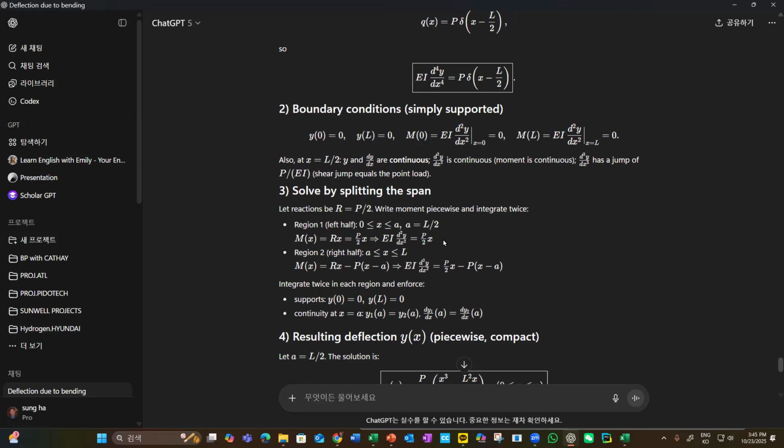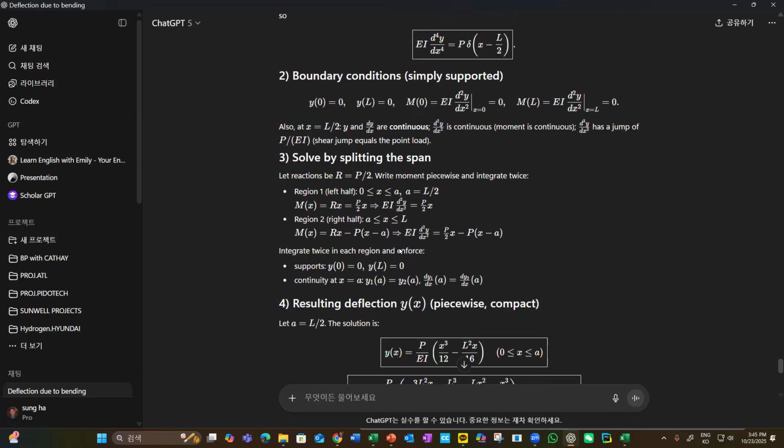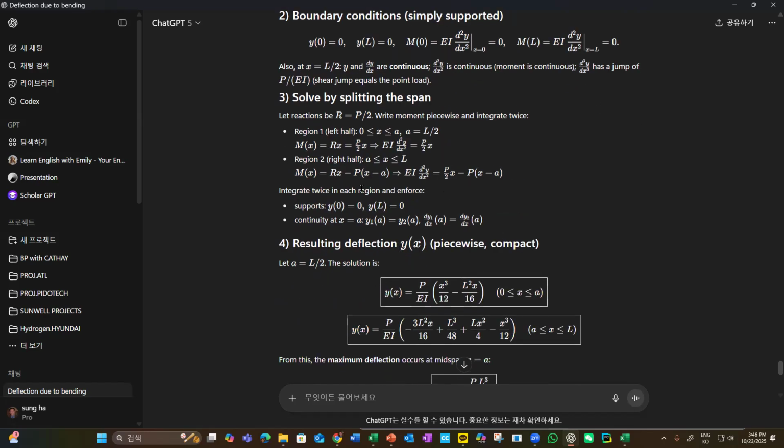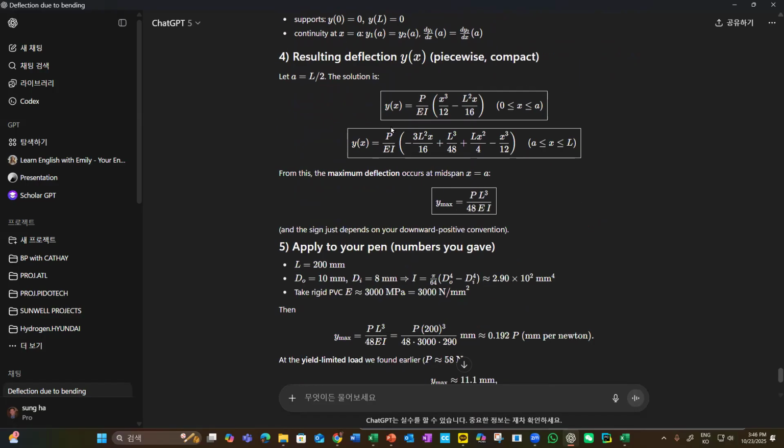Now let's try to solve by splitting the span. This is all purely mathematical steps in solving this. Here is y(x) on the left-hand side, and here is y(x) on the right-hand side.